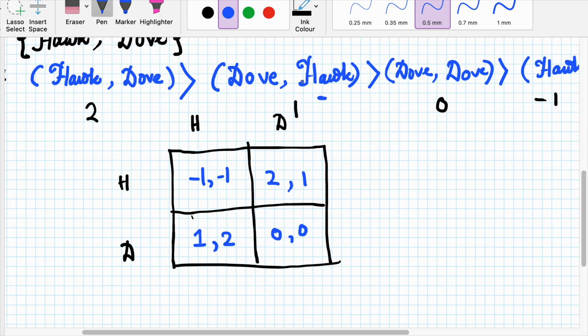Now let's introduce a concept of equilibrium, that is Nash equilibrium.